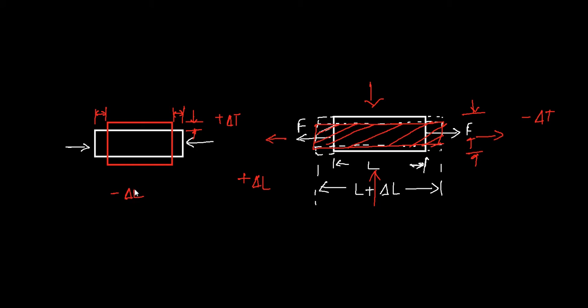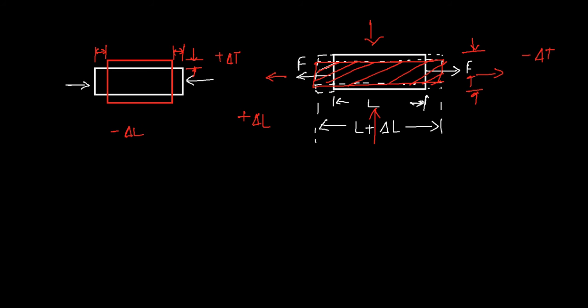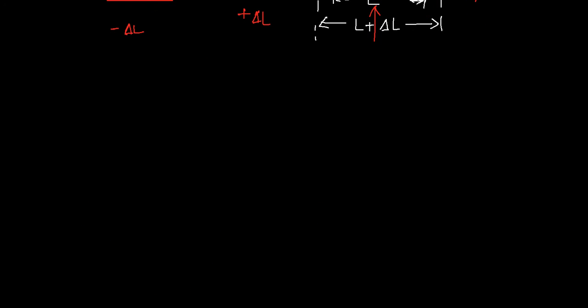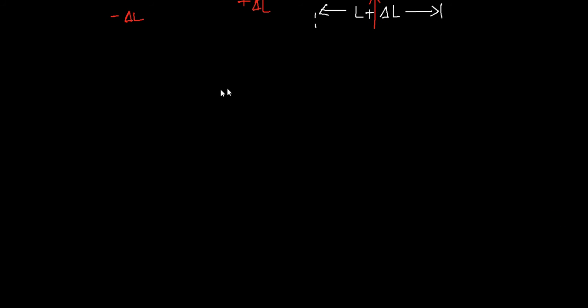Now, what is Poisson's ratio, or what is the property that we are discussing here? I discussed all this concept just to explain one remarkable property of all solid materials, which is called Poisson's ratio.